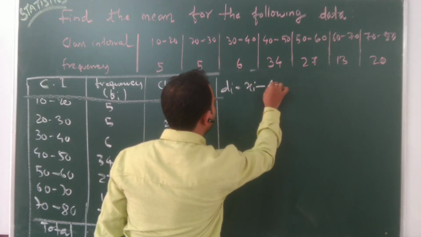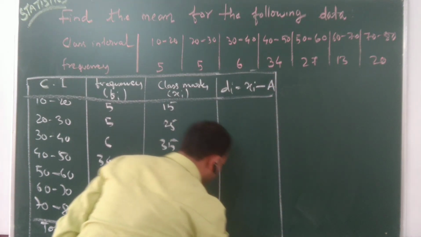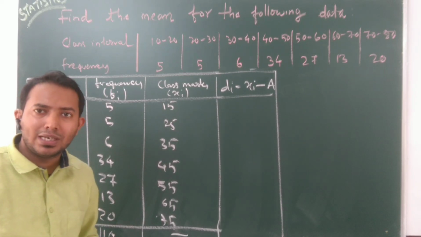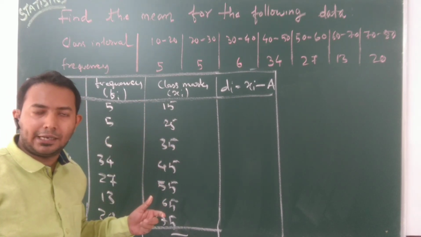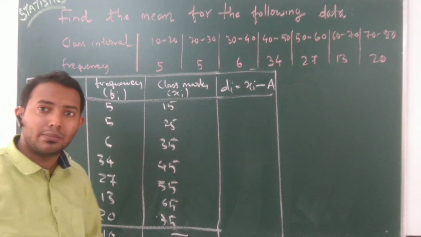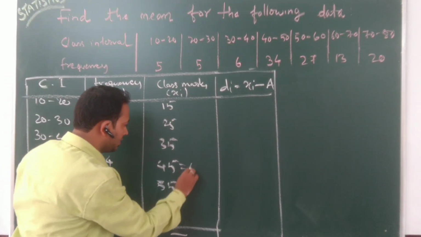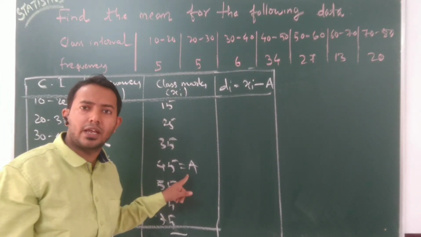So A is what? How am I going to assume the mean? Generally we take the middle part. The question will arise if it is even number data. Right now we have 1, 2, 3, 4, 5, 6, 7, odd number data, very simple. The middle one is good. There is no hard and fast rule that you need to take your A in the middle.